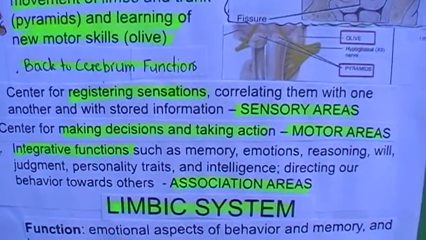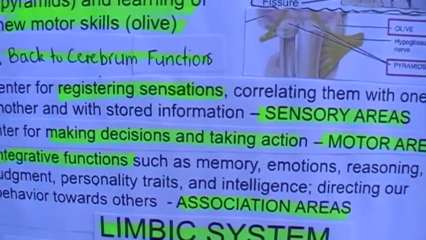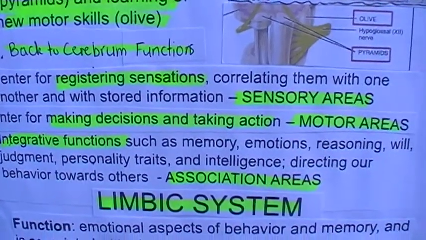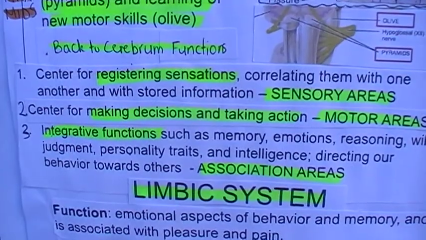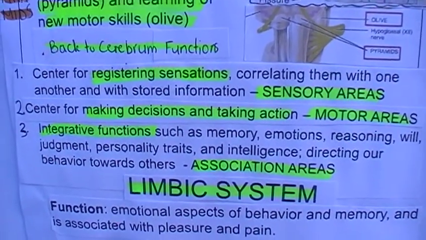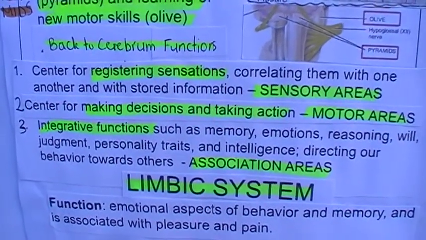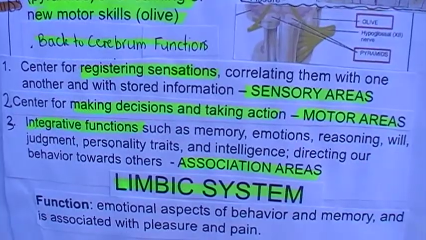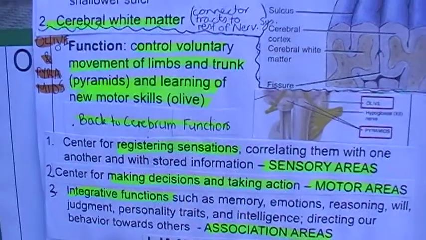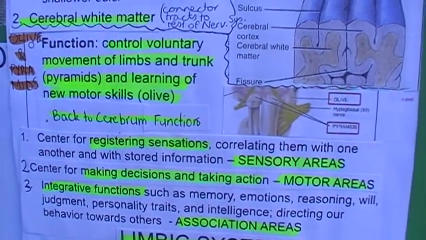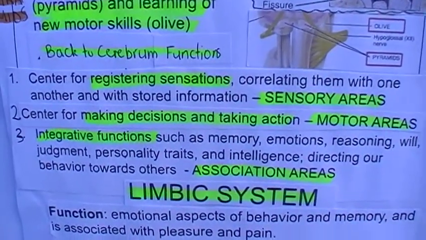Cerebrum functions. The sensory area registers sensations. The motor area makes decisions and takes action. The association area integrates functions. SAM. The cerebrum functions SAM.